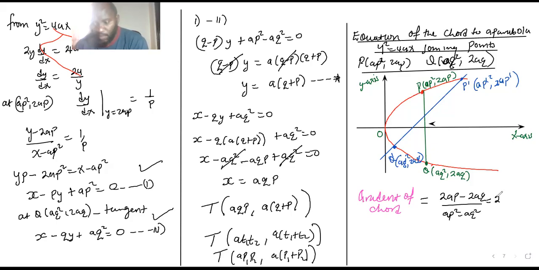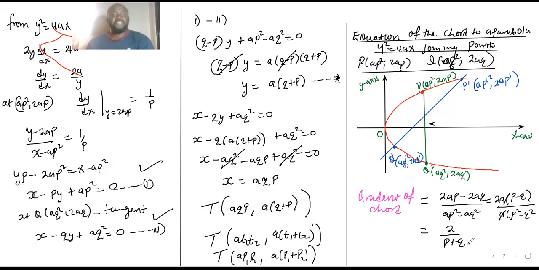This will give us 2a(p minus q) divided by a(p squared minus q squared). Of course, you say difference of two squares. The gradient becomes 2 over (p plus q).